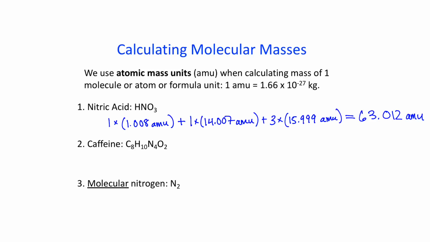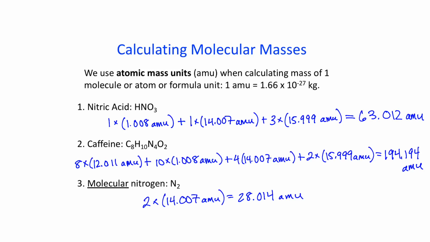They make a little 7 in the corner of the periodic table. We'll encounter this more as we go along, but just be careful. So here we are looking at N2, diatomic nitrogen. All right, so take a minute, do your calculations for these, and we'll check back in a second and see how you did.